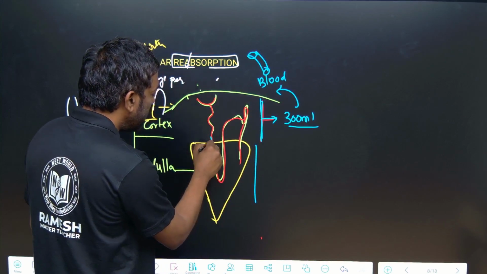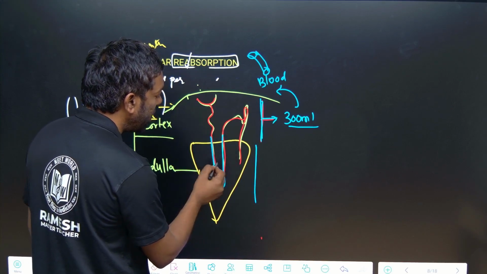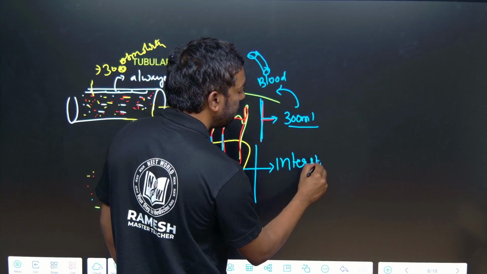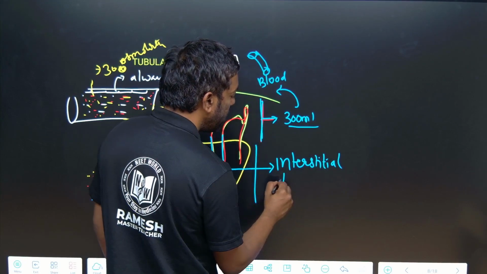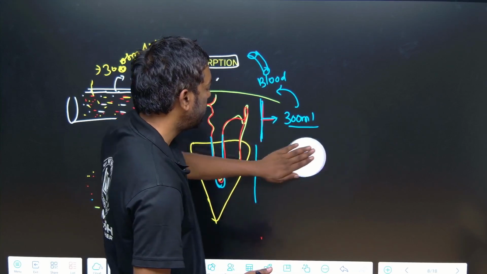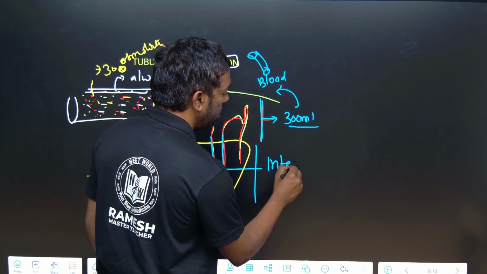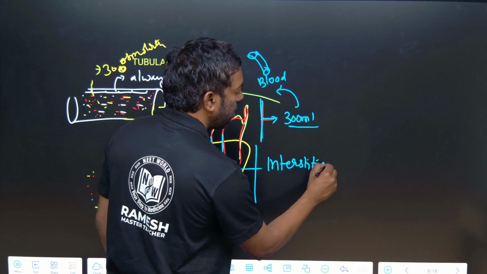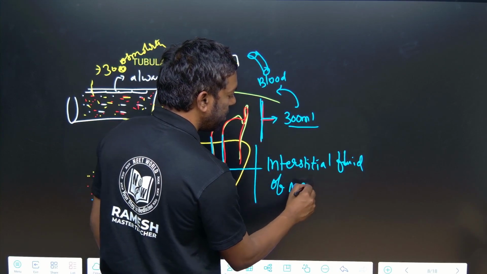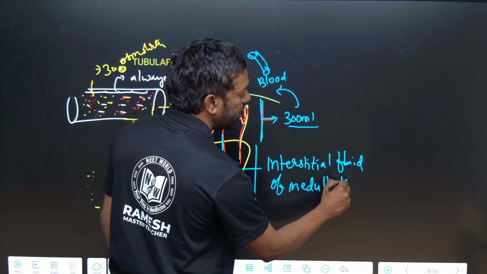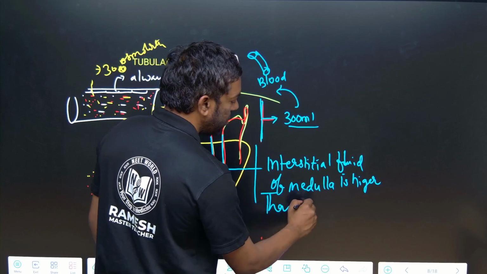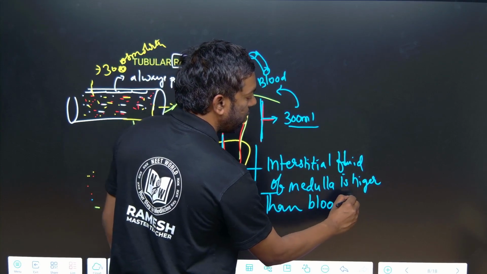The interstitial fluid of the medulla is at a high concentration, higher than the blood of the capillary.